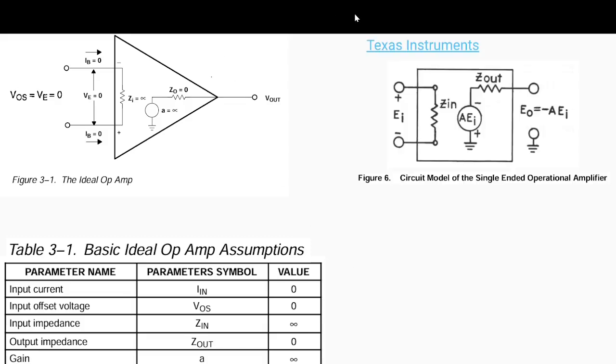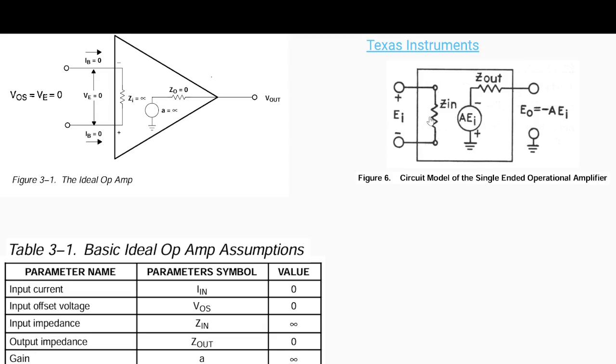Let's carry on. This is a reference link from Texas Instruments, and it's basically bringing this model down to a further simplification: you have a non-inverting input and an inverting input with a Zin.